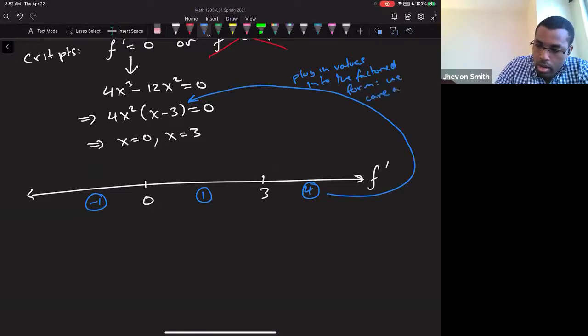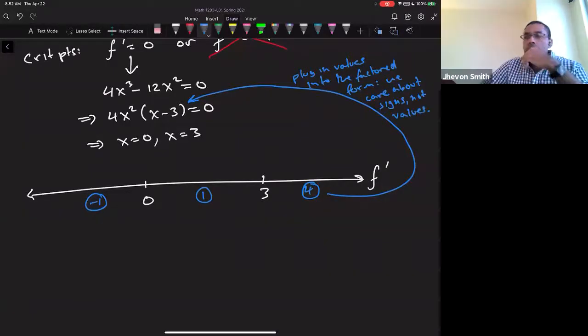Why we care about signs, not actual values, right? So you just want to know whether it's positive or negative.